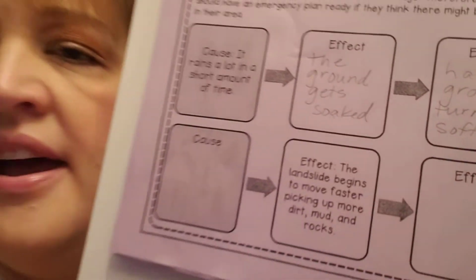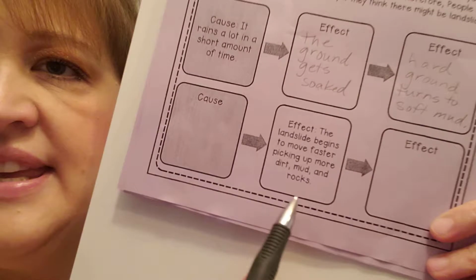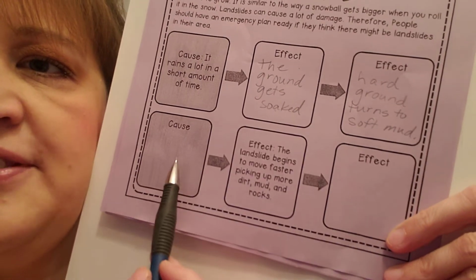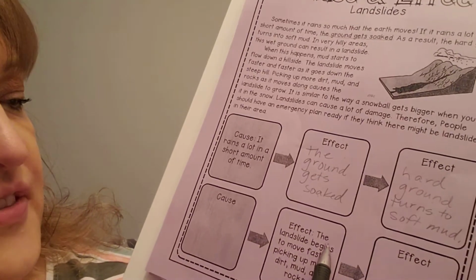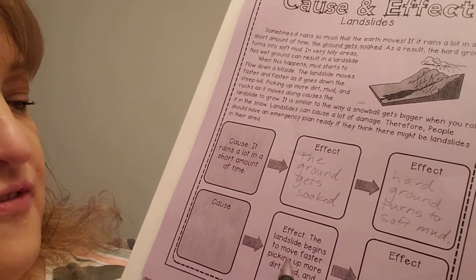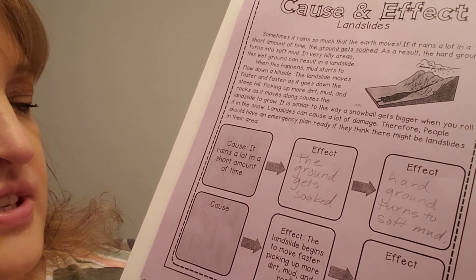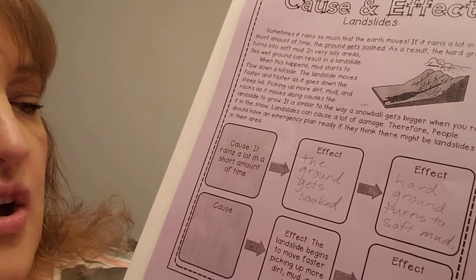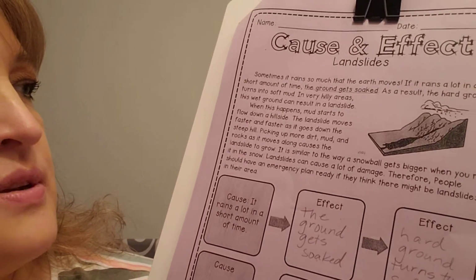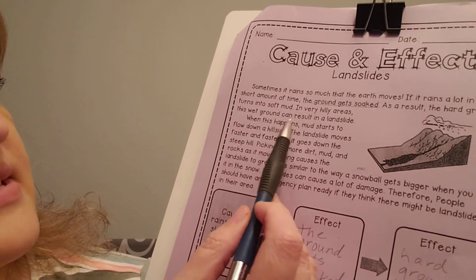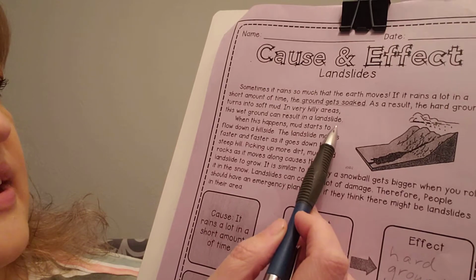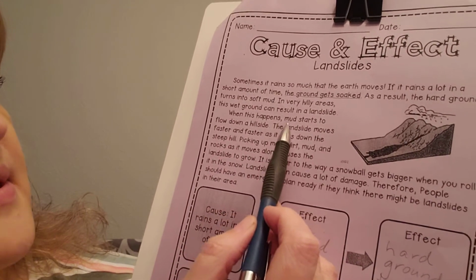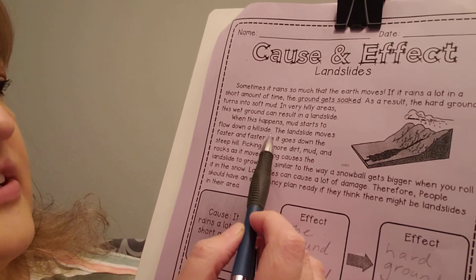All right, now on this next one, they're going to give us one of the effects, and we're going to have to figure out what the cause is. So let's look. Effect. The landslide begins to move faster, picking up more dirt, mud, and rocks. What causes the landslide to move faster? Okay, so let's look. In a very hilly area, this wet ground can result in a landslide. When this happens, mud starts to flow down a hillside.